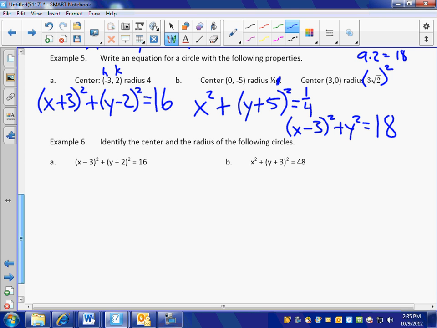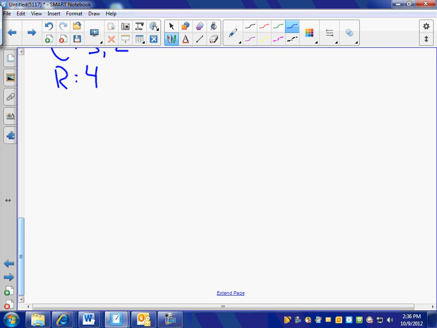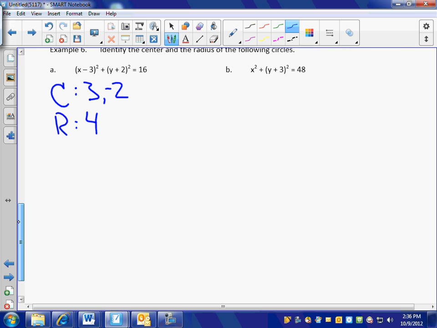All right. Identify the center and the radius. What's the center of this one? 3, -2. What's the radius? 4. So let's suppose that you wanted to graph that circle. What would be the first thing that you would do?